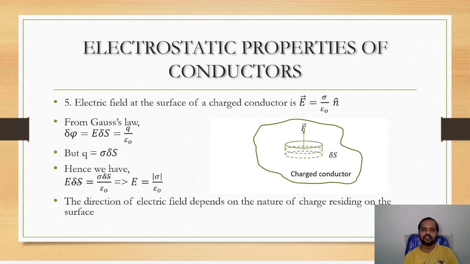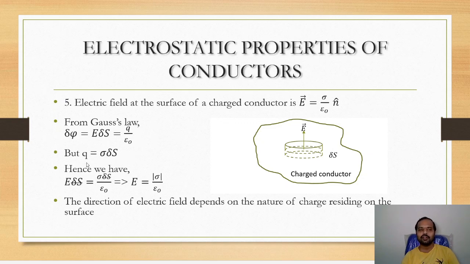So obviously the charged conductor will have a certain surface charge density. Let us consider that the surface charge density is fixed and it is sigma. So the total charge residing on the surface area delta S is Q equals sigma into delta S.